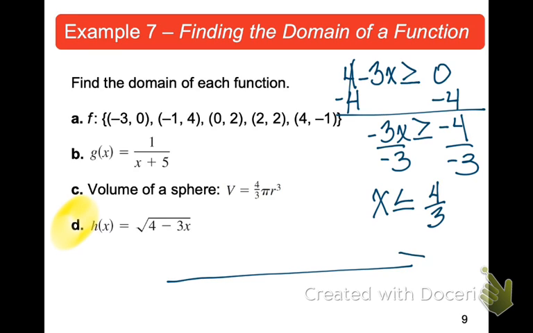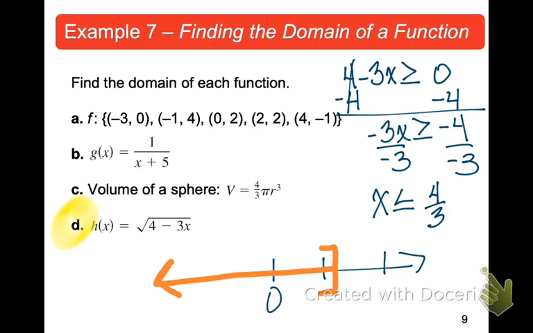So I'm going to draw a number line. Okay. 4/3 is slightly more than 1. 4/3 and 1 1/3 is the same thing. I'm going to put a bracket there because it's included. It is helpful to draw the number line. It's very, very helpful to draw the number line.